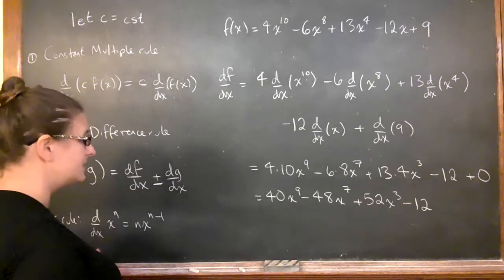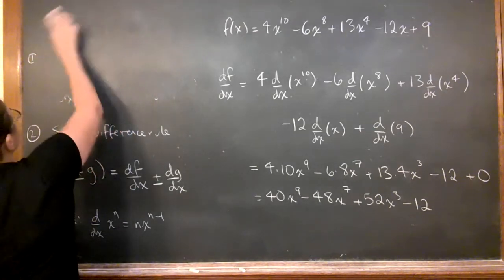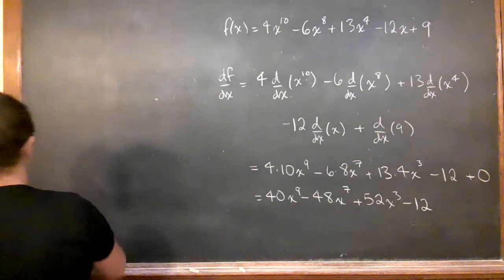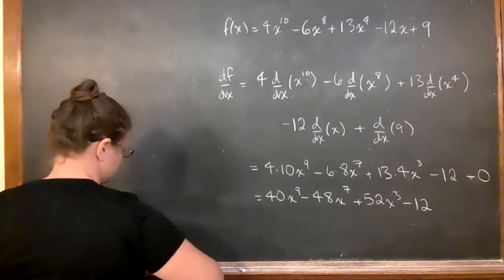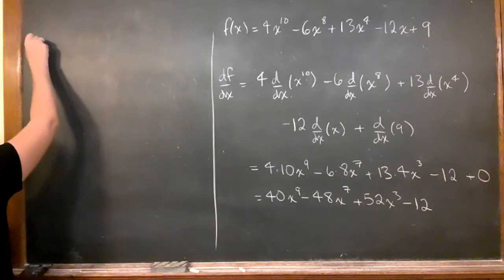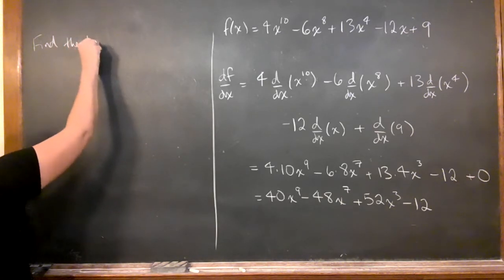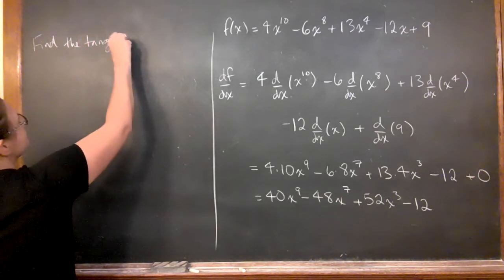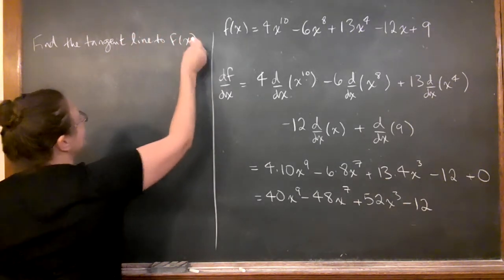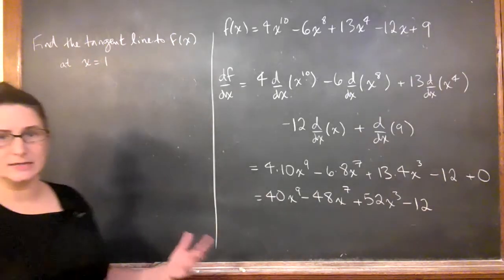So I can then use this as well, let me get rid of these guys, to answer whatever questions. So if they ask me to find the tangent line to f of x at x equals 1, now this is a lot easier, right?